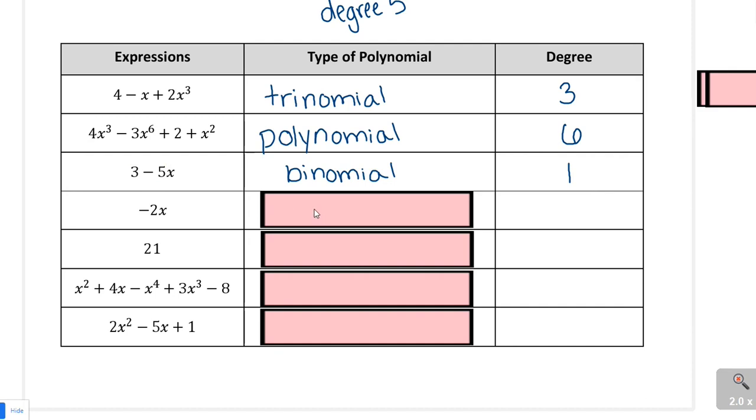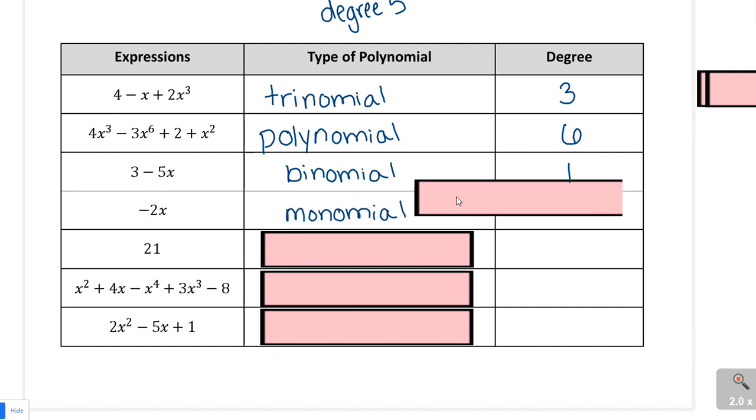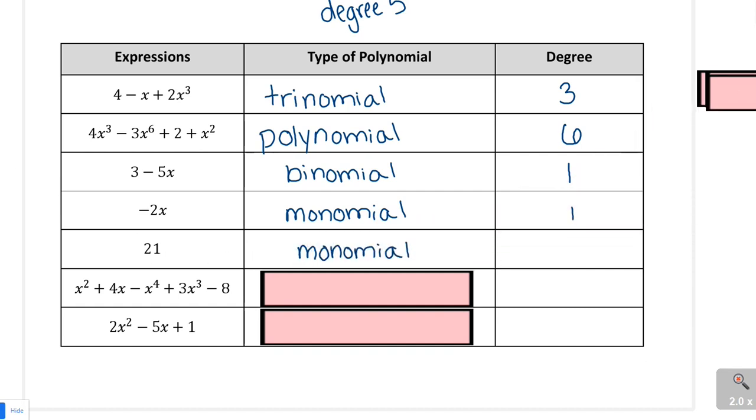The next one here, we have 1 term, so we have a monomial, and the degree is 1. The next one has 1 term, so again, it's a monomial, and there's no variable. Since there's no variable that has an exponent, our degree is 0. So any constant is going to have a degree of 0 every time.